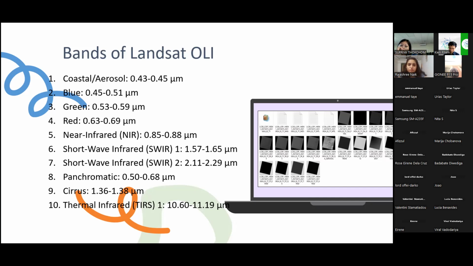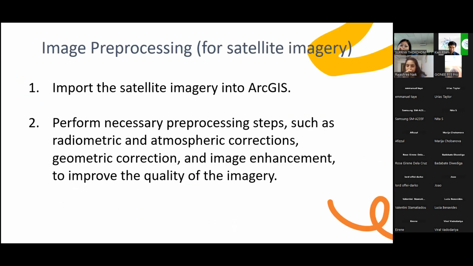After the satellite data is downloaded in individual bands, we have to stack them into one image to see them as a composite. This process is called layer stacking, or composite.